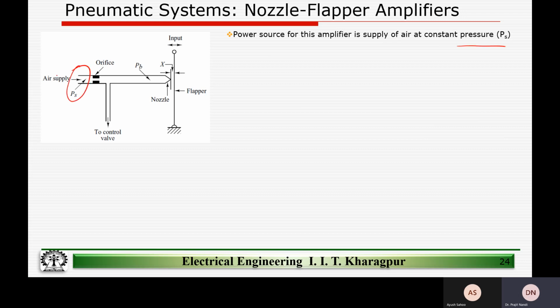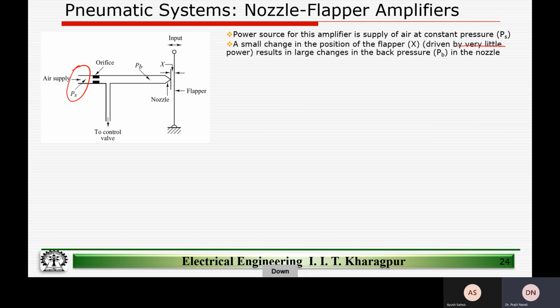So we have constant pressure PS being applied at the orifice, right? And a small change in the position of the flapper, X. So what we have here is an air supply coming here, and this goes to a control valve, and we will discuss a little later in the next slide how the feedback is realized, but we have an air supply pressure given as PS.